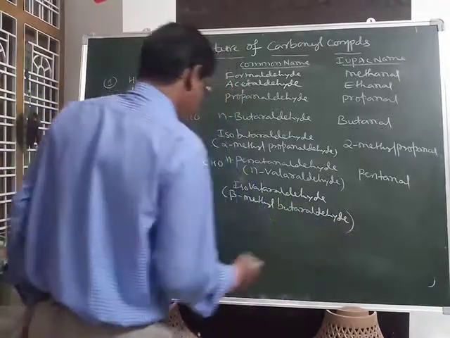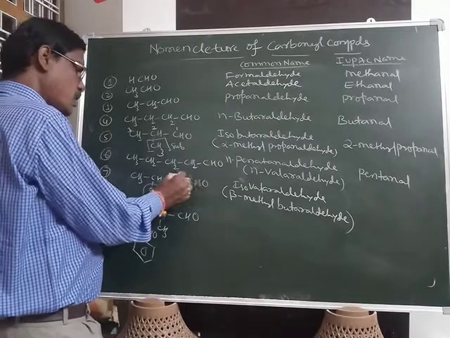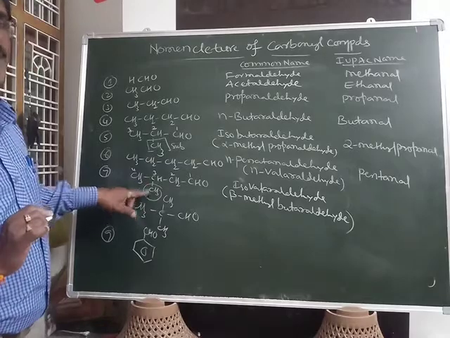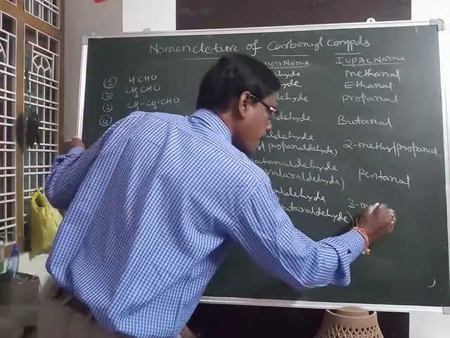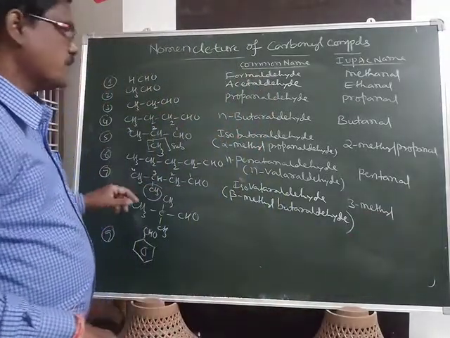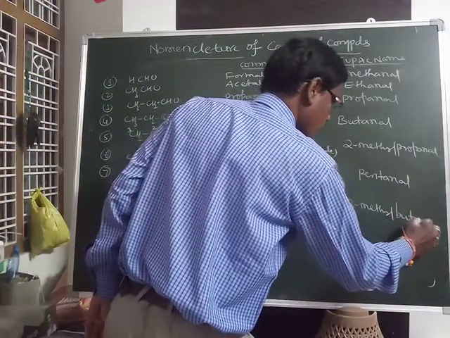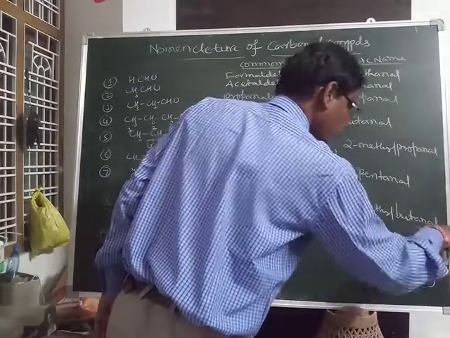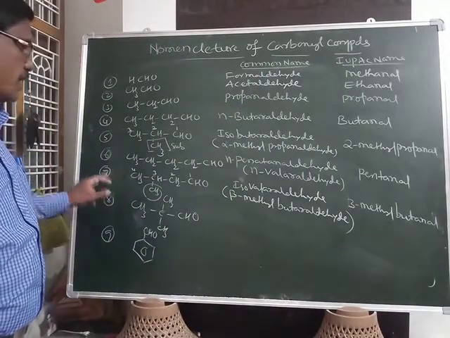But the IUPAC name: first carbon, second carbon, third carbon is the substituent and the total number of carbons is 4. That's why at the third carbon methyl is present, so 3-methyl, and 4 carbons means but plus en plus al, butanal. Okay, this is the IUPAC name of the seventh compound.